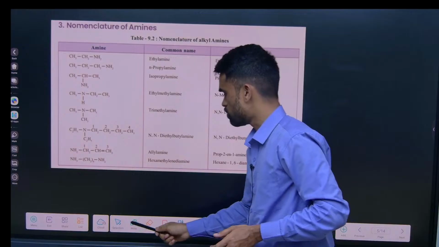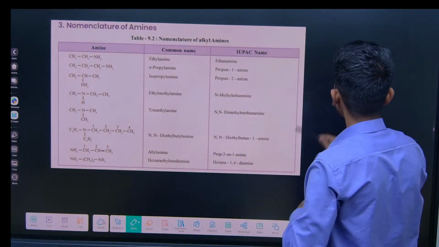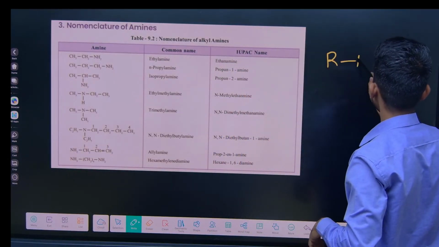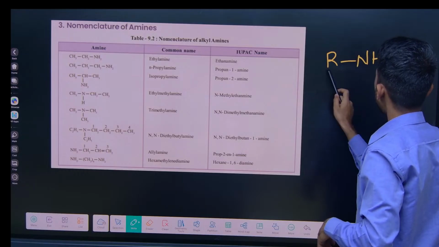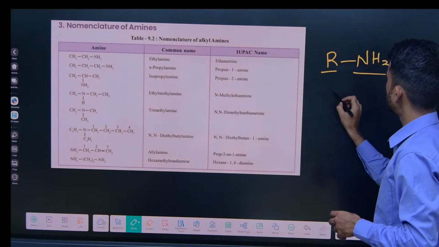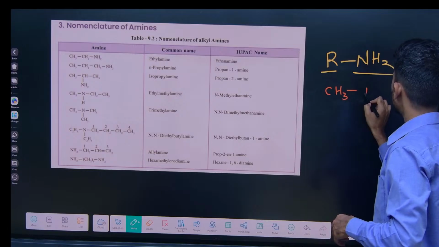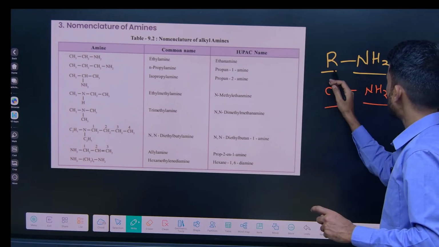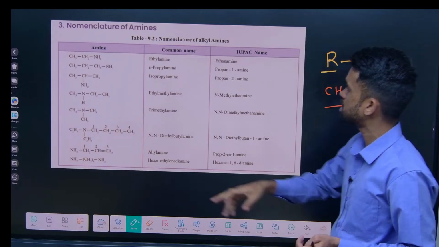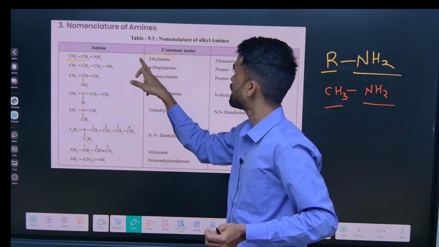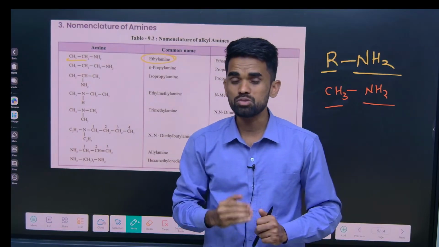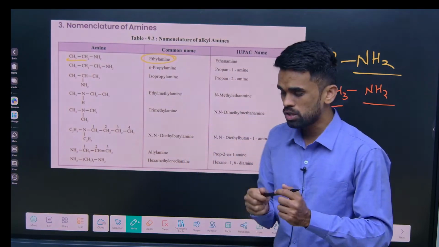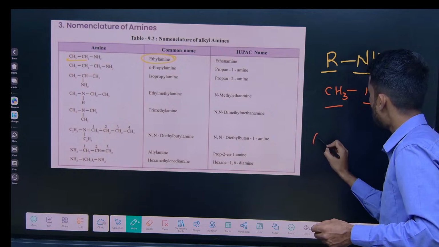Whenever you are writing a common name, it should be alkyl amine. For example, if it is methyl with NH2, you should say methyl amine is the common name. If it is ethyl, ethyl amine is the common name. When it comes to IUPAC nomenclature, the name should be alkane amine.